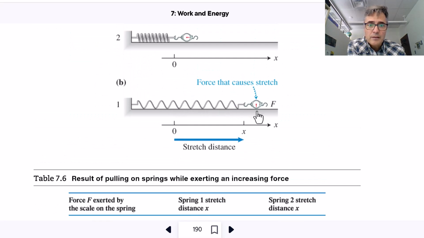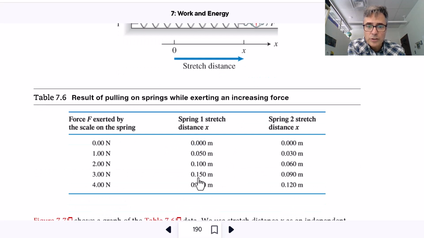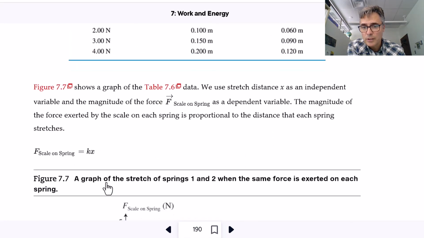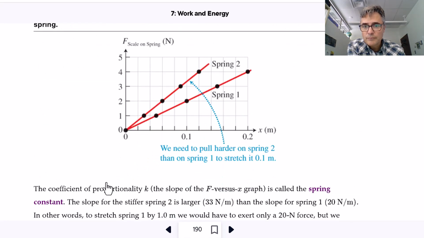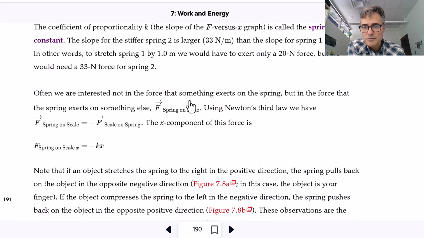And then the other thing is that the stretch distance turns out to be proportional to the force that you pull the spring, or that the spring pulls on you. So there are these different experiments, same sort of thing.